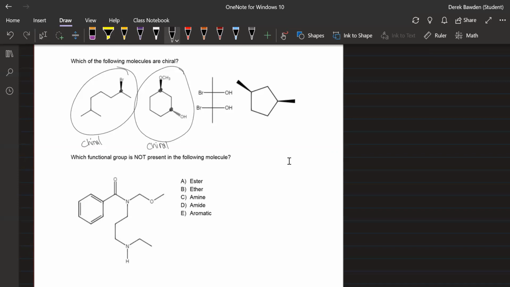Okay. Let's talk about this one. Is there a plane of symmetry? Yes, it is. So that makes it achiral, right? And does anyone remember the rules for it to be meso?